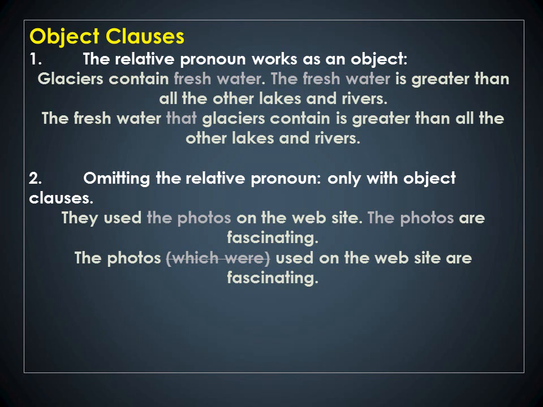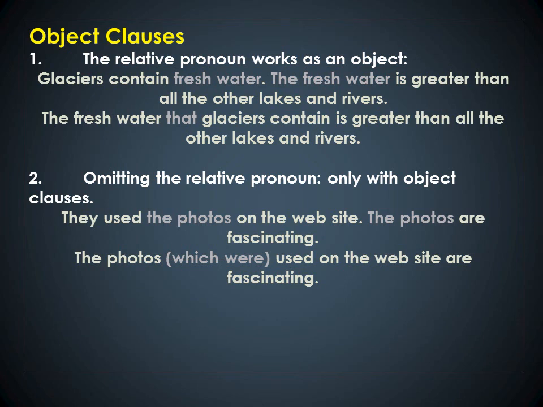Well, if you're dealing with object clauses, this means that you can omit the relative pronoun. Observe the example. They use the photos on the website. The photos are fascinating. The photos used on the website are fascinating.